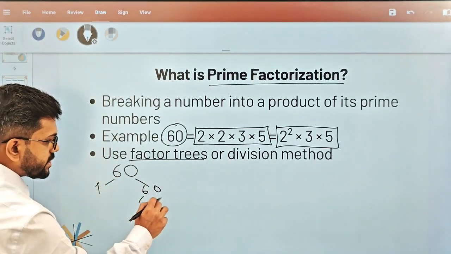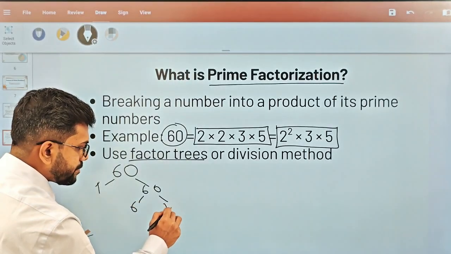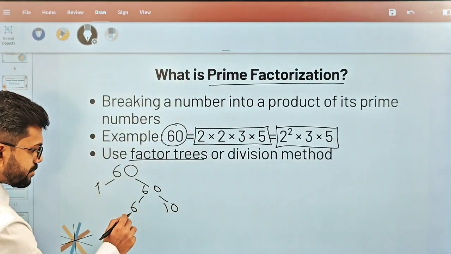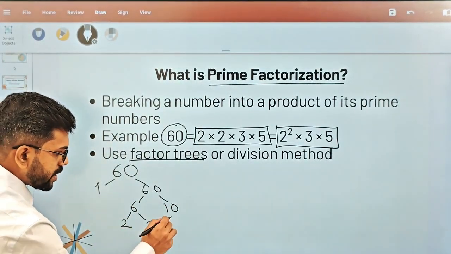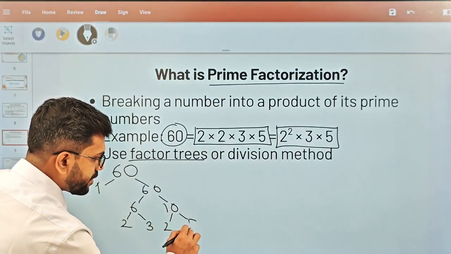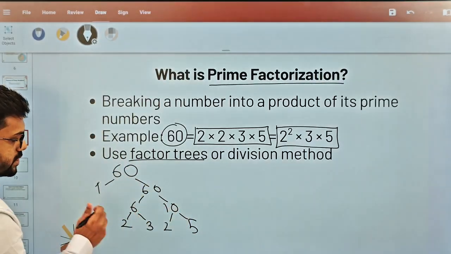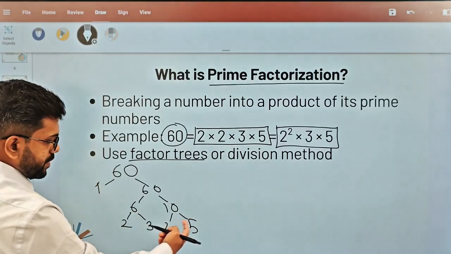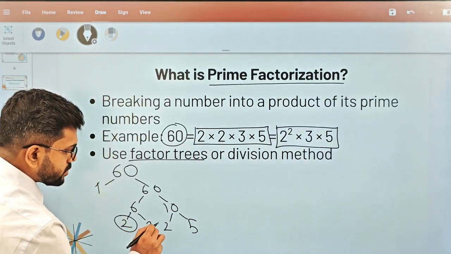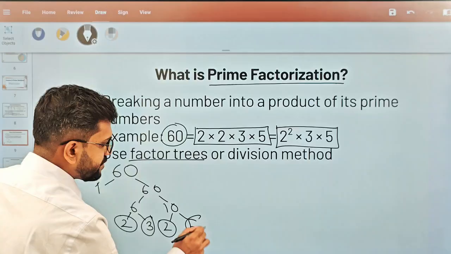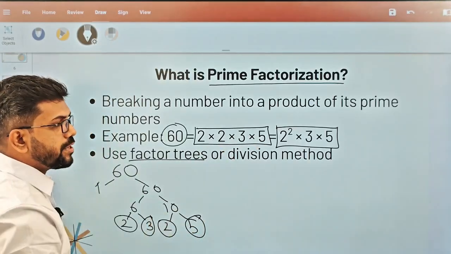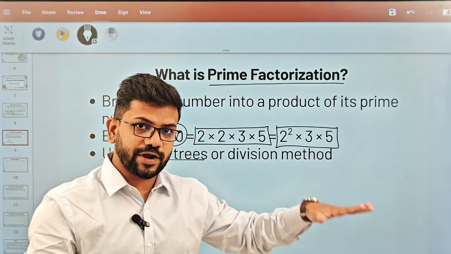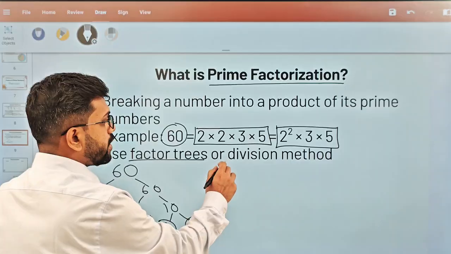Okay, then 60 can be written as 6 tens are 60. Then 6 can be written as 2 times 3. 10 can be written as 2 times 5. So this way, if you just have a look at the last numbers, you'll see that there are 2 times 2 and 3 times 5 here. Okay, so using the factor tree, you can find the prime factors of a number.